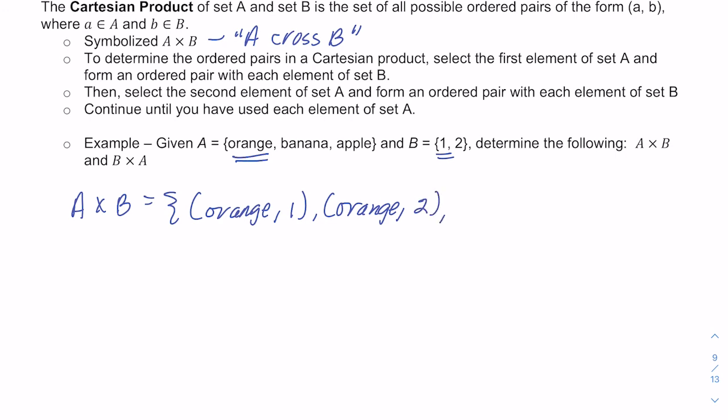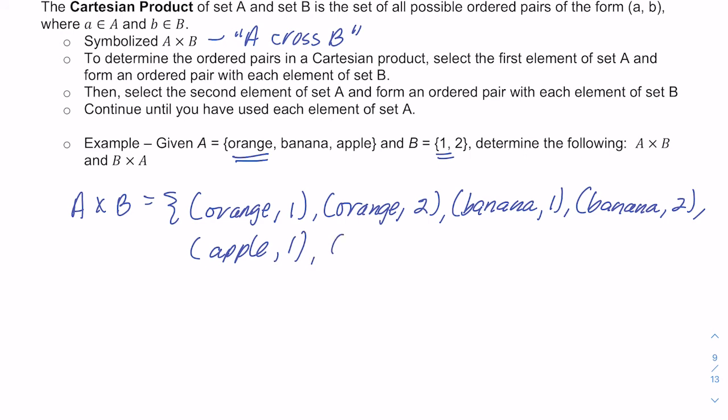Now that I'm done with orange, I'm going to go to the next element, which is banana, and pair that up with a 1, and then banana and 2, and then I've got apple, 1, and apple, 2. And then I'm finished with any possible ordered pairs using all of the elements.